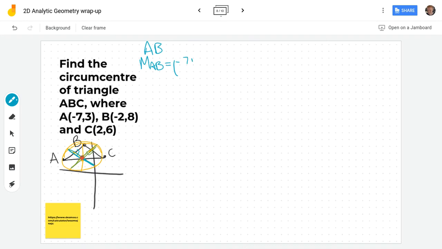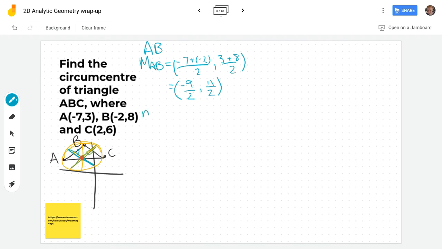So (-7 plus -2) over 2, (3 plus 8) over 2. -7 plus -2 is -9 over 2. And 8 plus 3 is 11 over 2. So that's the midpoint of AB.